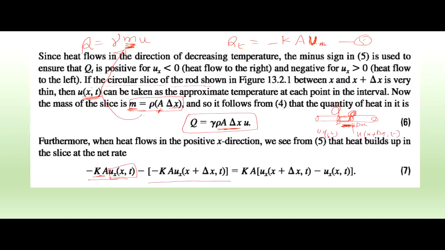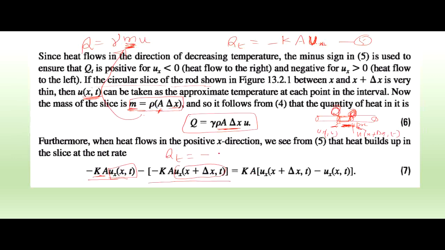Here it is Ux of x comma t for the first point, and Ux of x plus del x comma t for the end point. So Qt is subtracted, this Qt minus this Qt.